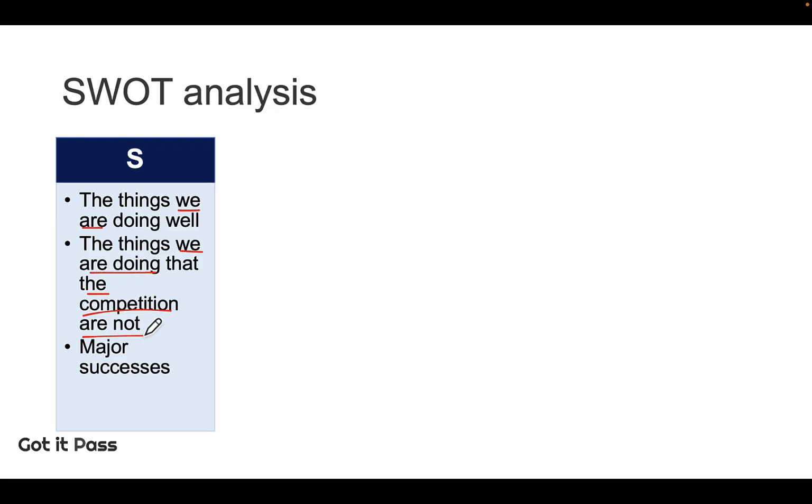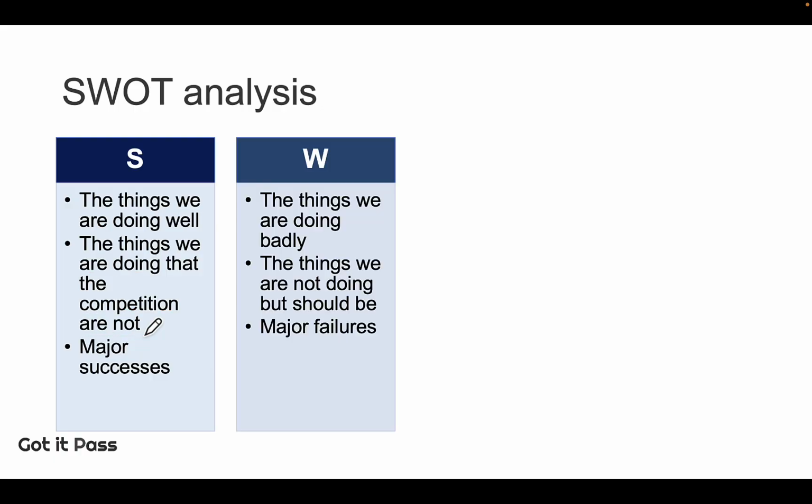And S also means major successes of our organization. So it's about we. And for W, weaknesses, it's the things we are doing badly. It's the things we are not doing but we should be, and major failures. So it's like the opposite of strengths, but the focus is also on our organization.